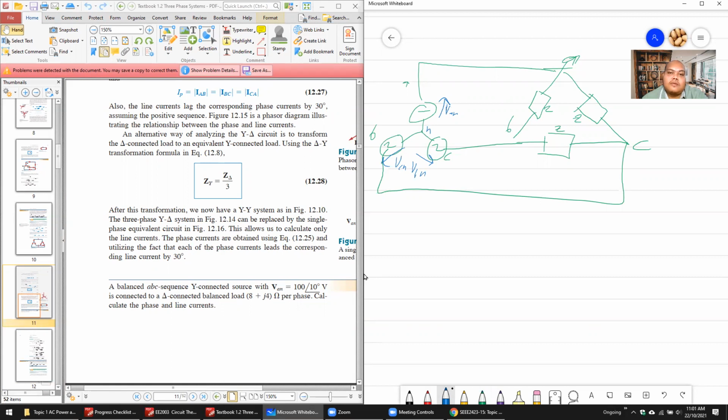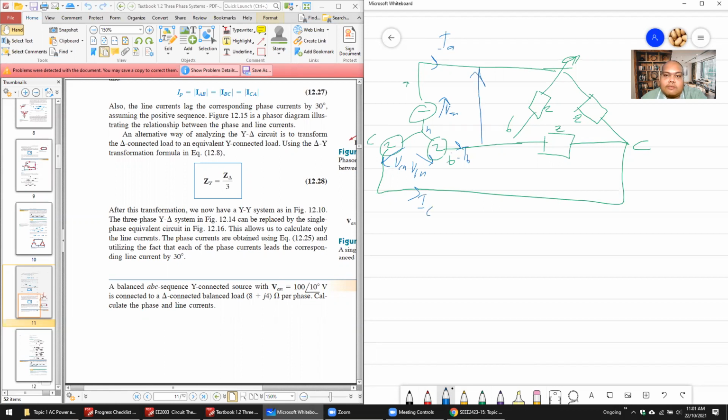Then you have to label the current IA. This one is okay. This one is wrong. Inside is B, outside is C. Then this one is IB, this one is IC.